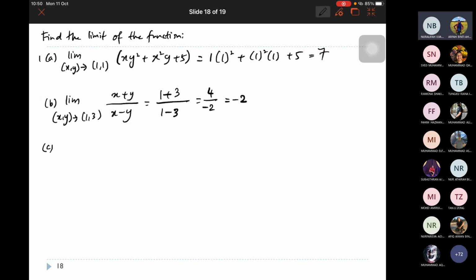Jawapan dia 7. 5 tambah 2 is 7. So done.